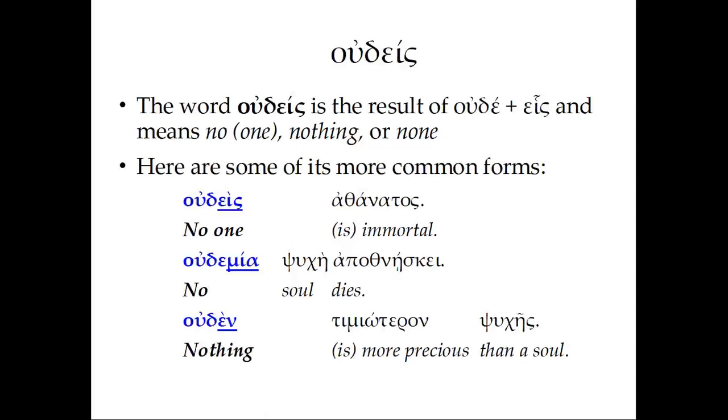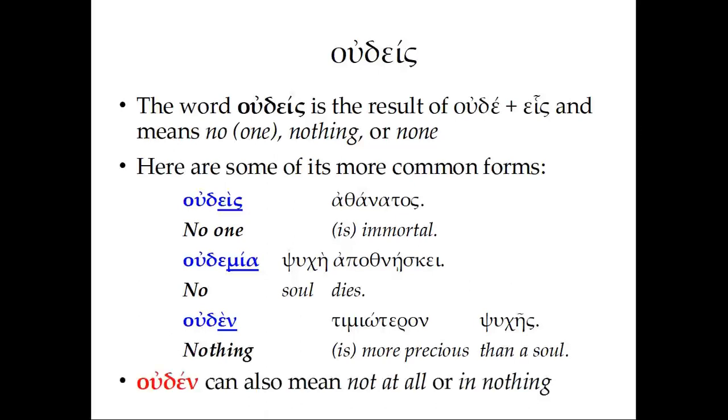So this is how you'd see this word in the lexicon: oudeis, oudemia, ouden. And again, it can mean no, or no one, or nothing, or none. You have to translate it depending on the context. Ouden, just by itself, can also mean not at all, or in nothing. Literally something like with respect to nothing. It's actually an accusative form. Just by itself, we're going to see other uses of this accusative.